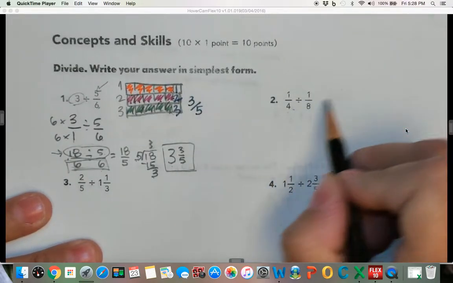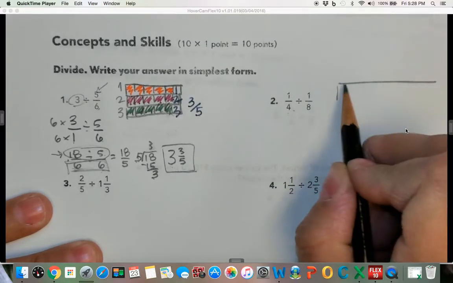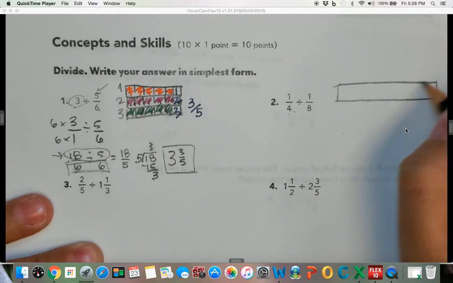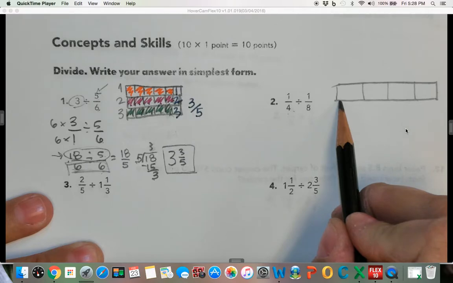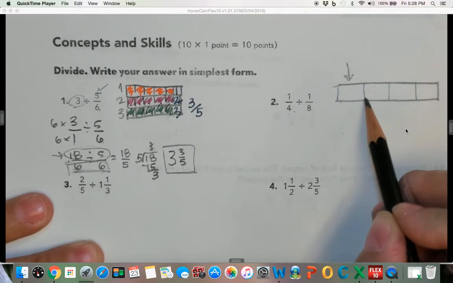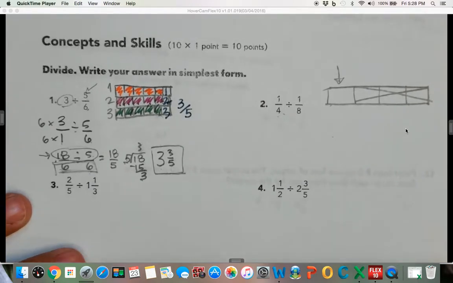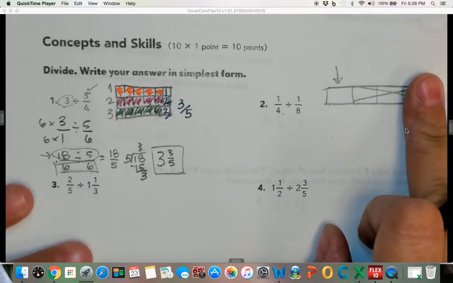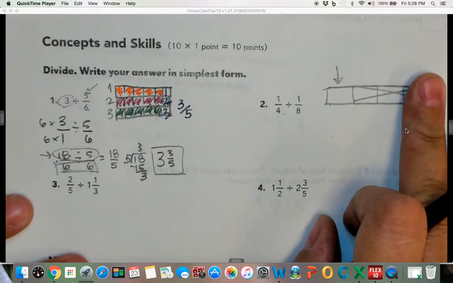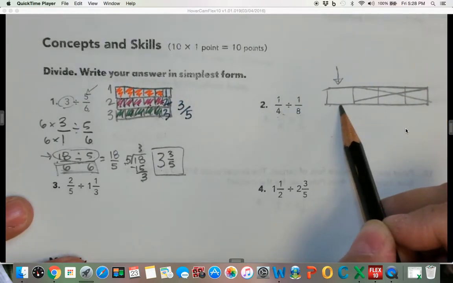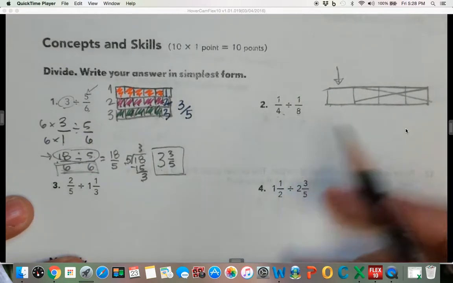So I'm only using 1/4. None of these matter. Okay, I mean, they matter because they're there, but we're not going to look at them. This tells me I'm making 1 group of 8. I have to cut this 1 piece into 8s because that's what the denominator tells me to do.